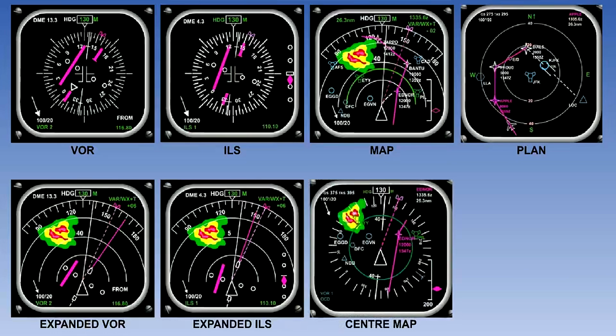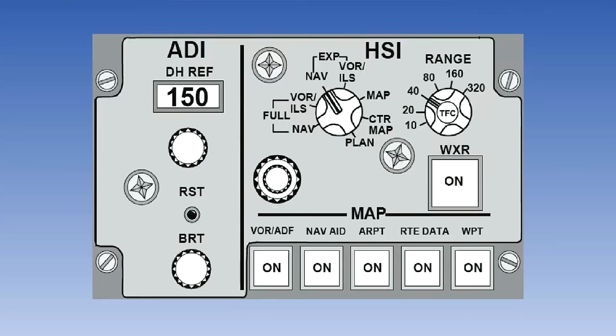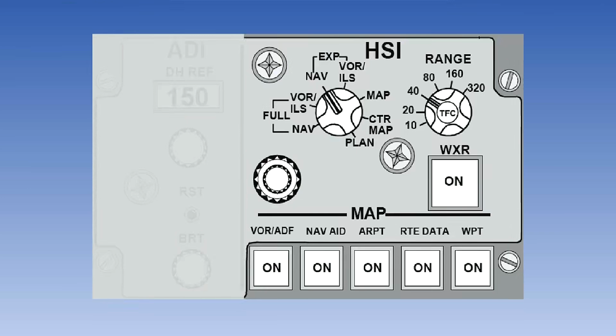We'll look at all of these in turn and see what information they give. The modes are selected using the controls on the EHSI selection of the EFIS control panel, which is highlighted here. The control knob in the center of the EHSI control panel is the principal mode selector.